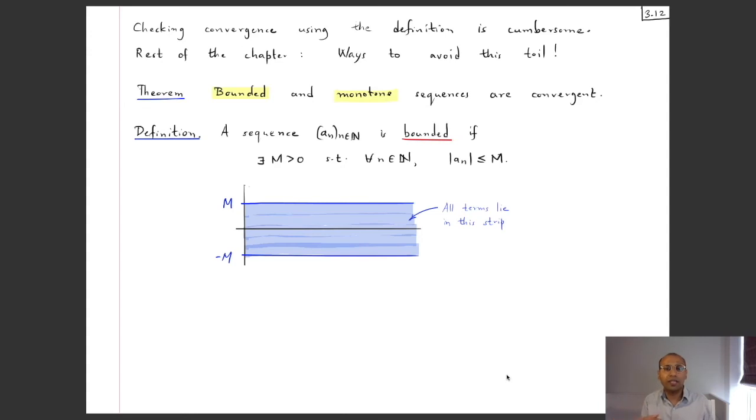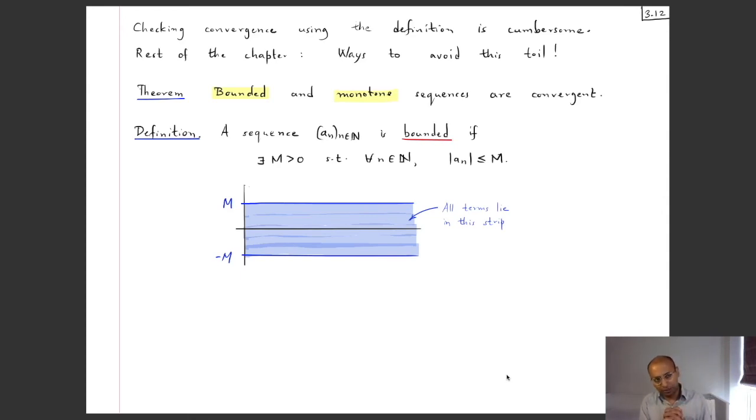So we need to learn about these results, which tell you when a sequence is convergent without actually checking by brute force that the definition is satisfied. So the kind of theorems that we learn is that if the sequence has such and such a property, automatically it's convergent. Or if the sequence is broken down into these elementary sequences which are convergent with known limits, then how to determine the limit, okay?